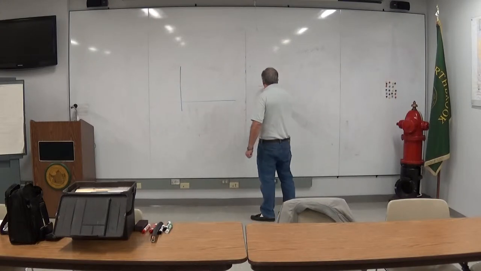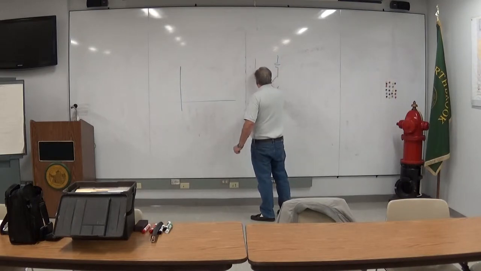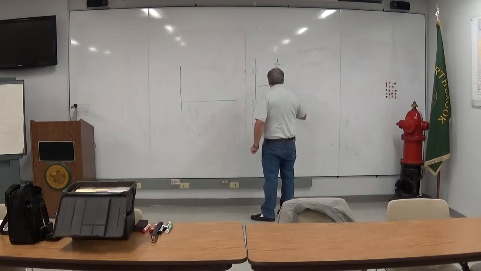All right, now let me draw a real circuit here. You're generally going to find a transistor circuit looks like this. You're going to feed DC voltage, let's say 12 volts, between here and here.